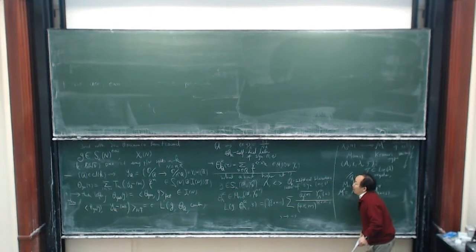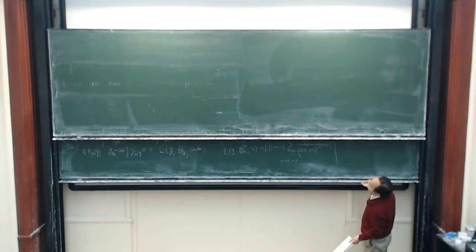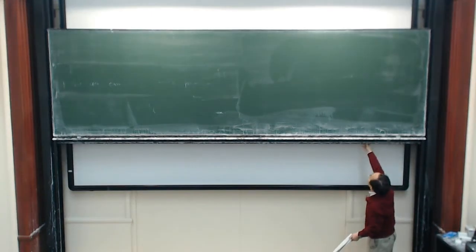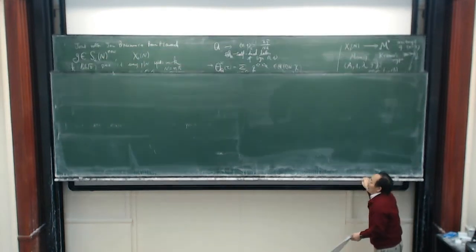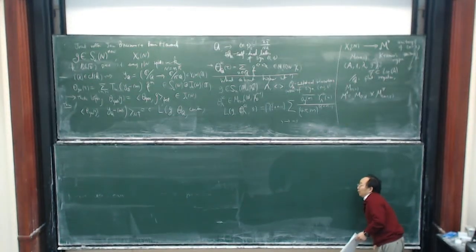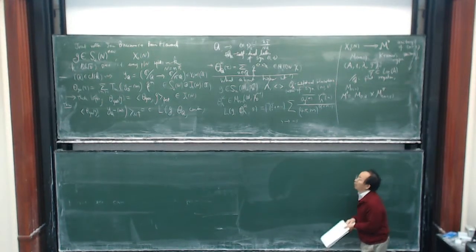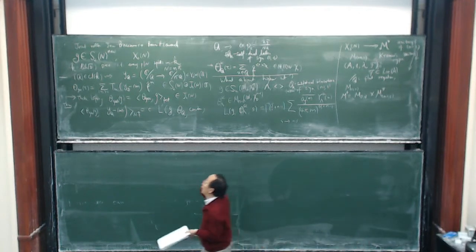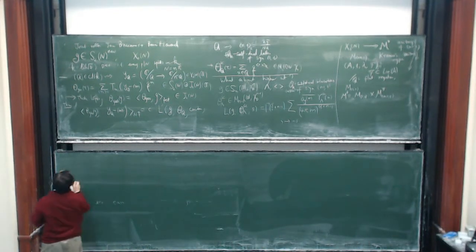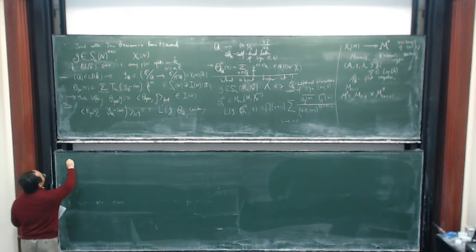Where to get the theta is a little bit more complicated. Here what we do is basically replace the Hecke operator by these Kudla-Rapoport divisors.